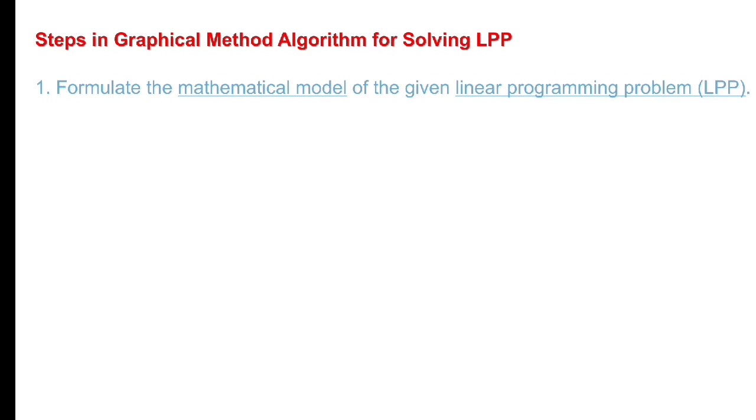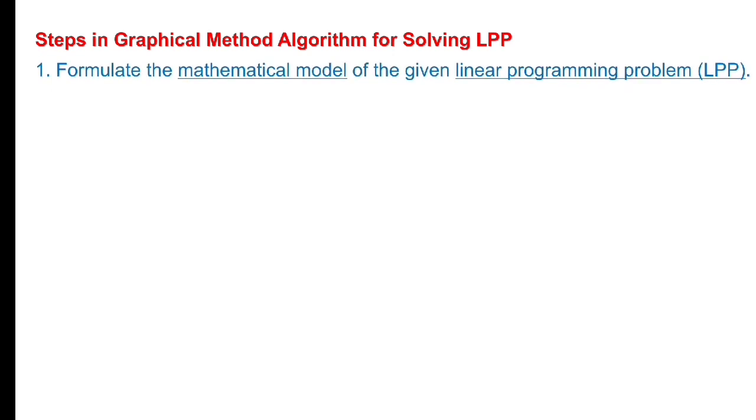Steps in the graphical method algorithm. What are the steps used for solving by the graphical method? Formulate the mathematical model of the given linear programming problem, in short LPP. I already explained how to formulate the linear programming problem. First, we need to select the decision variables.